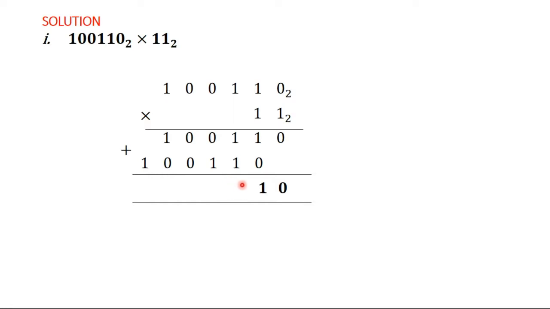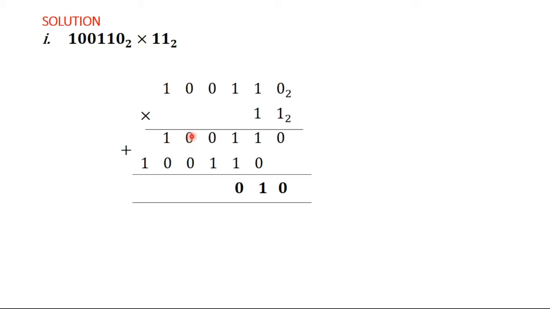So we write the remainder, which is 0. Then we carry the 1 forward to the side. So we bring that 1 here. So we are going to have 1 plus 1, which is 2. 2 in base 2 is 1 remainder 0. So we write the remainder here, which is 0. Then we carry the 1 forward to this side.